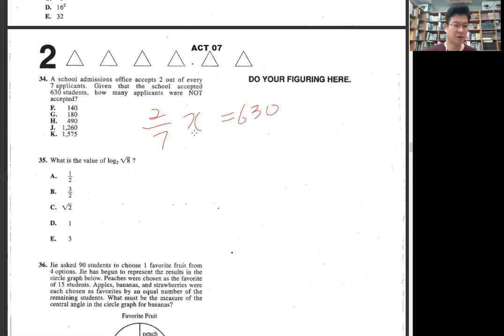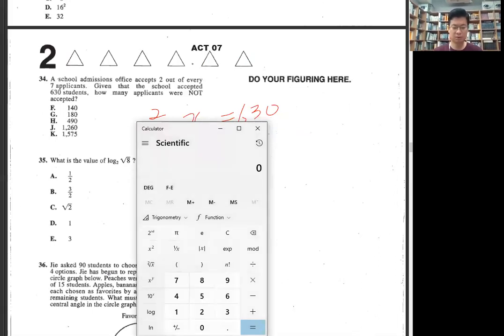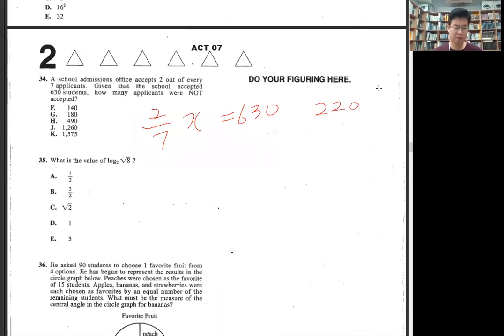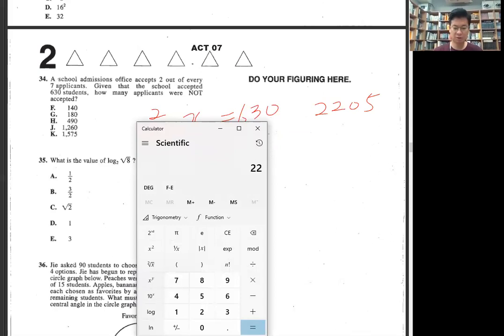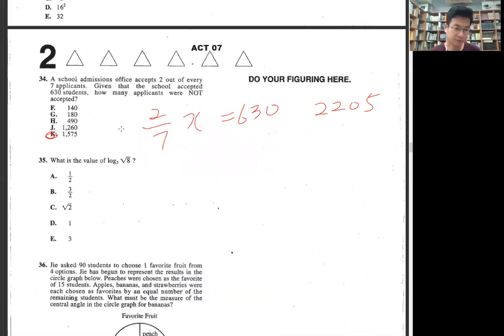Right. Let's calculate this first. So the entire student body is 2205, and then you multiply by 5 divided by 7. Okay, and then what is this one?